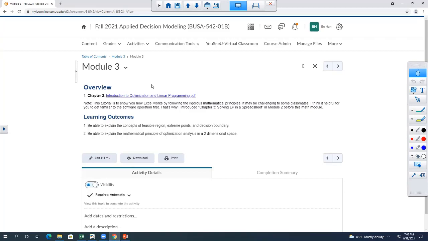If you have 4 decision variables, how can you create a 4-dimensional space? That's impossible. That's why this is the only time I want to use this 2 decision variable case to show you the math model. But I wish you can build this sense of the mathematical principle, so when you get 4 or 6 or 10 decision variables, at least you know how it comes out. Let's talk about the math model.